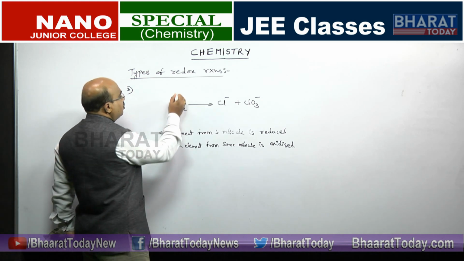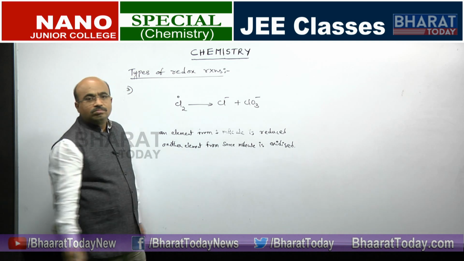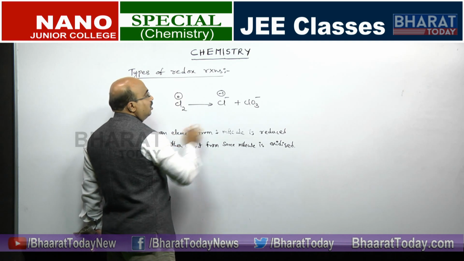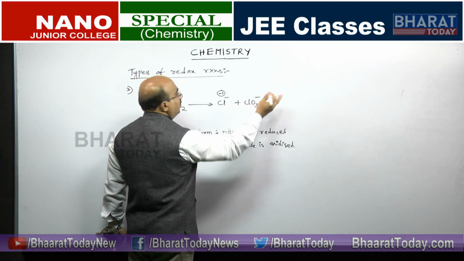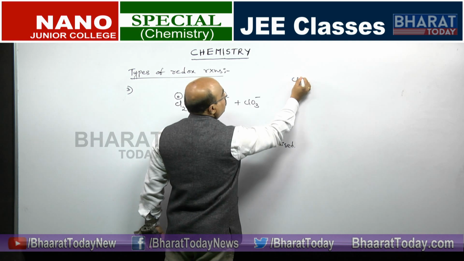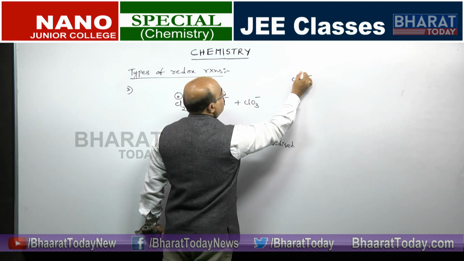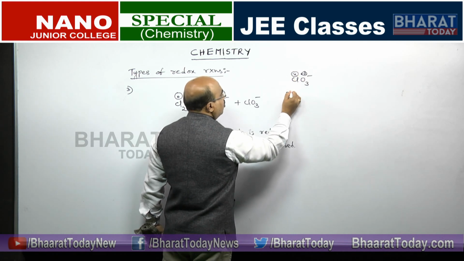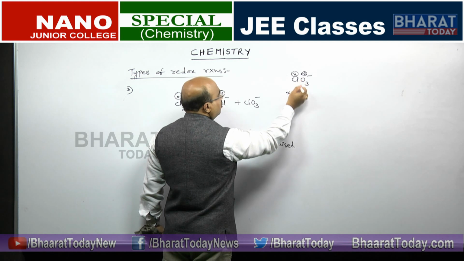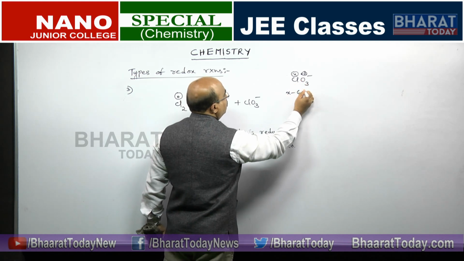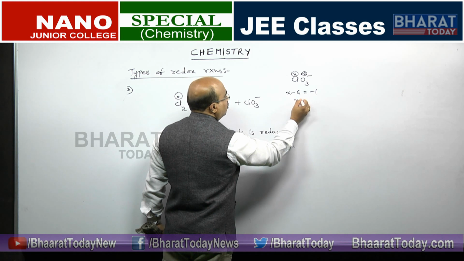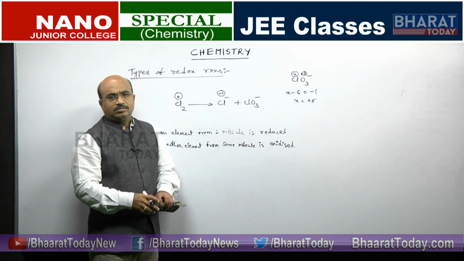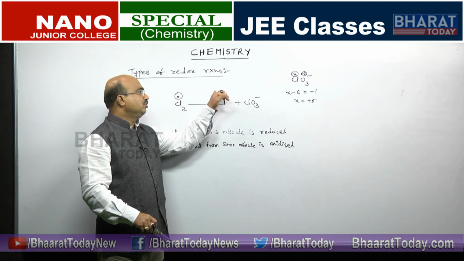If you see, the chlorine oxidation state here is 0, here the chlorine oxidation state is minus 1, and here if you determine separately, oxygen is minus 2, chlorine is suppose x, you say x minus 6, equal to minus 1. So, x is equal to plus 5. But this was a simple ion, so directly we can write the charge as the oxidation state.